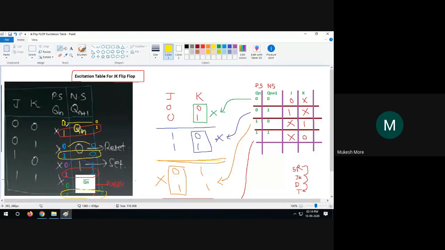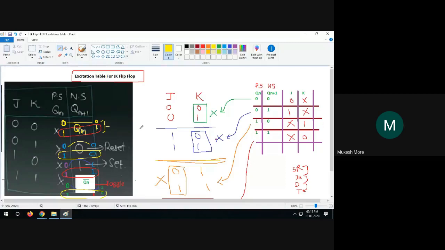If present is 0, the next state is 0. If present is 1, the next is also 1. So this is the first case, J equal to 0, K equal to 0.